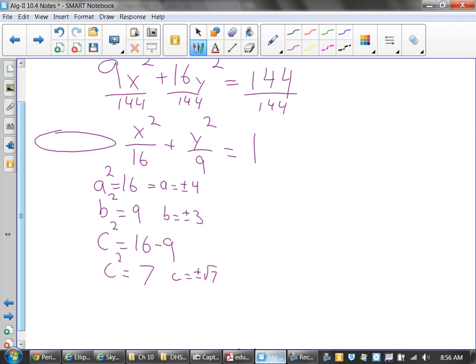What we wind up doing is, well, take an XY grid. If I know it's being stretched left and right, I know that my vertices for this are going to be at the values of a, comma 0, plus or minus. So vertices are at 4 and negative 4. My co-vertices, excuse me, are at positive and negative 3.